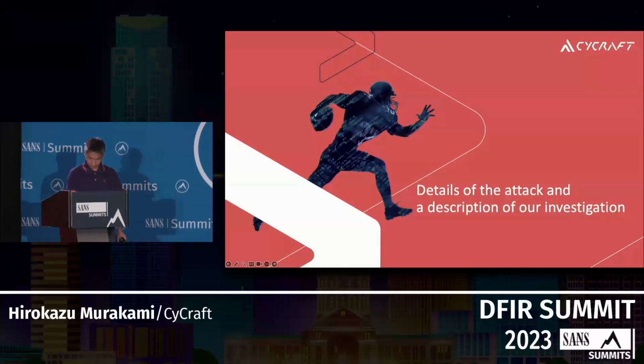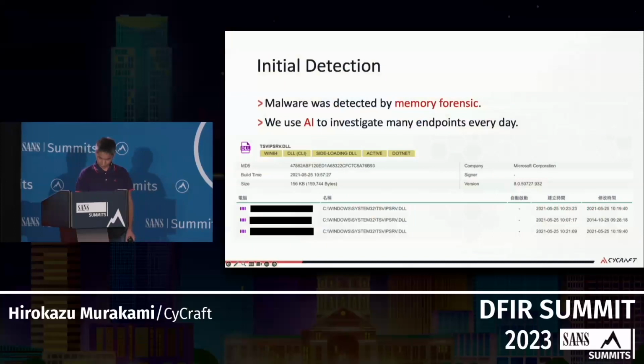Details of the attack and description of our investigation. This is the first alert that was triggered as soon as we started our monitoring service. This discovery was made by the automated memory forensics feature. Encrypted malware is often found in plain text in memory.